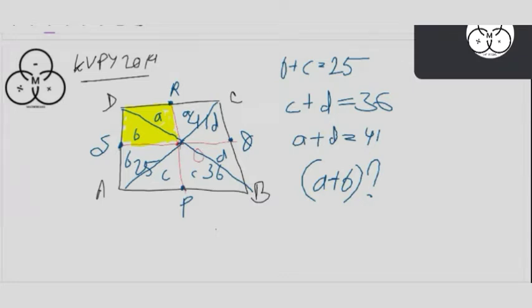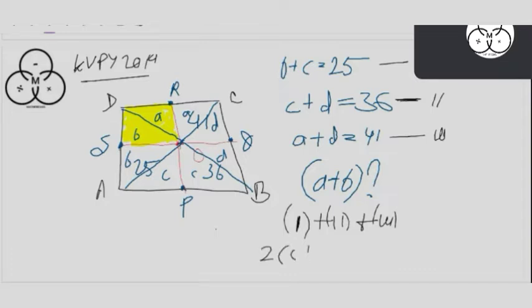How to solve this system of equations? That is your task. Calculation is not mine. These are the 3 equations. Just add 1 plus 2 plus 3. We will get twice of C plus D plus A plus B, which we want.